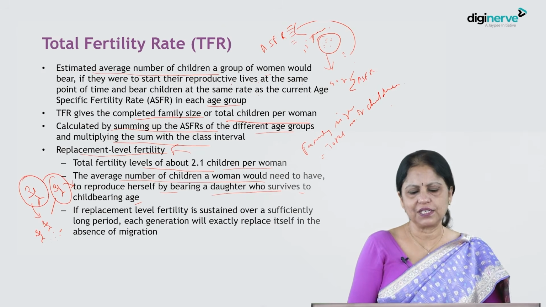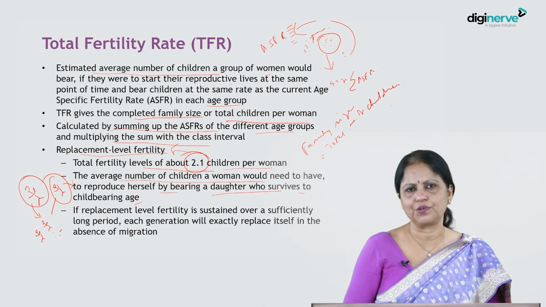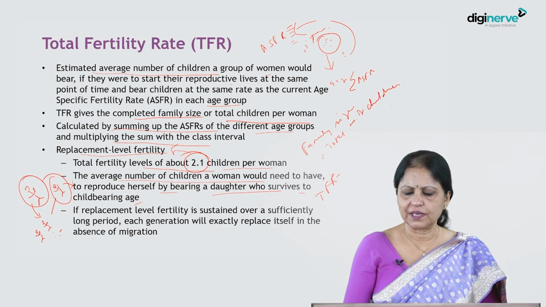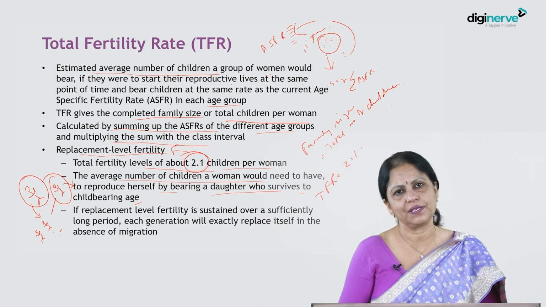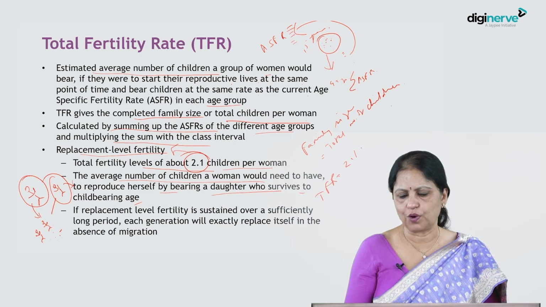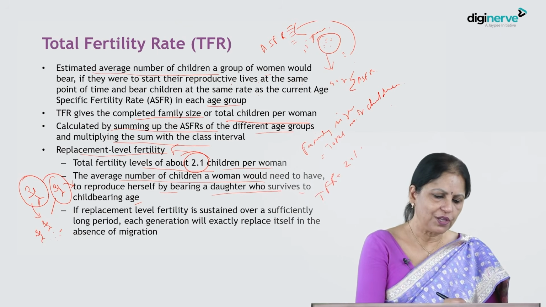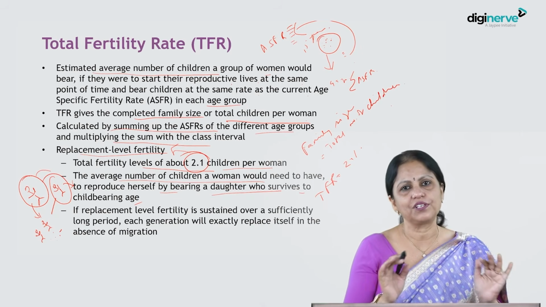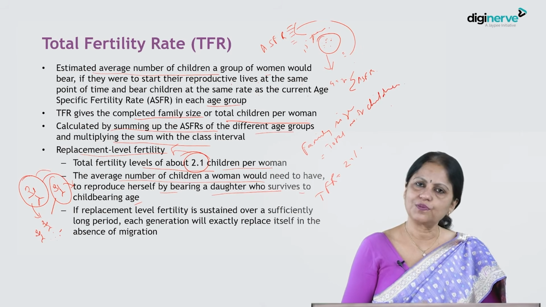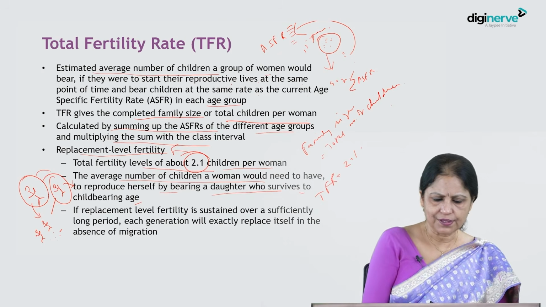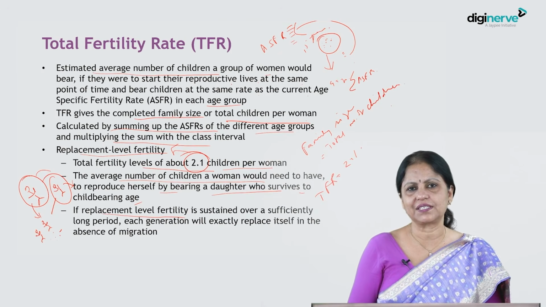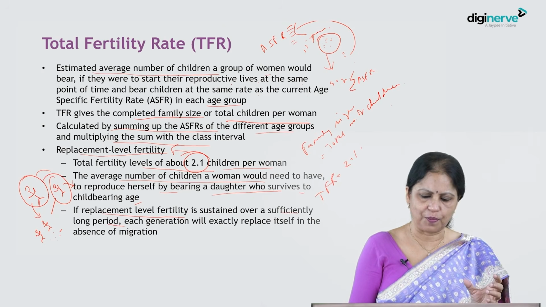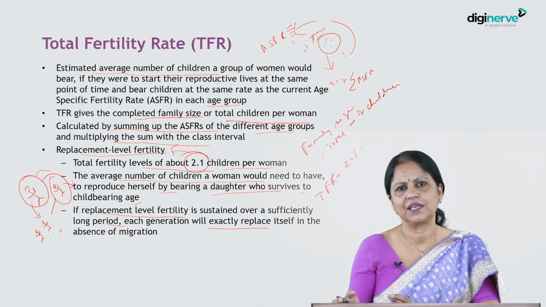This figure you have to remember: 2.1. TFR 2.1 is considered the replacement level fertility, and this is what we want to achieve. When one woman is just replaced by another woman, the population will become stable. If replacement level fertility is sustained over a sufficiently long period, each generation of the population will exactly replace itself.